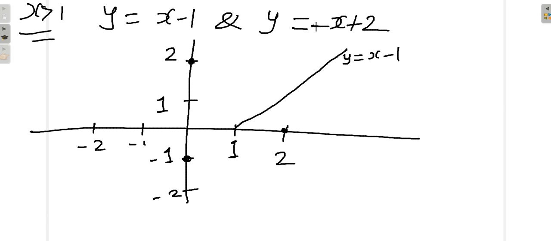Let us solve these two and first of all check it out. It gives you 2x equal to 3, x equal to 3 by 2, 1.5. It lies exactly in between. And this is the graph.